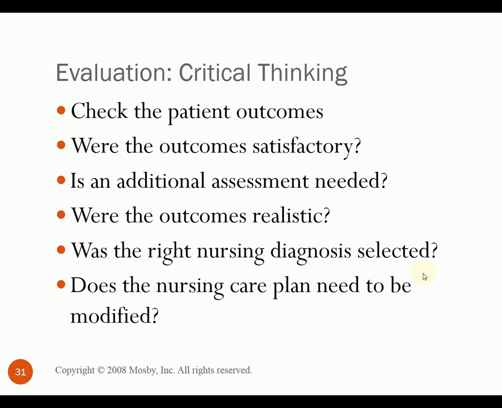It would not be very realistic for us to think they're going to walk 15 feet the first day post-op. So be sure that we're realistic with our outcomes when we evaluate if it's not working. Did we select the right nursing diagnosis? Maybe we should rethink the diagnosis and rethink the nursing plan.